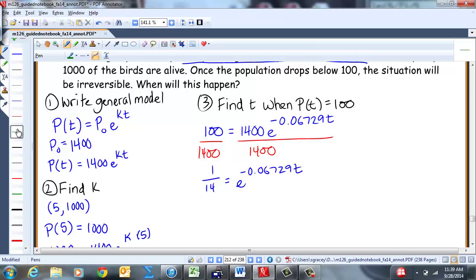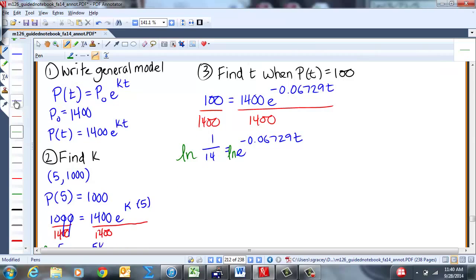And applying the natural log of both sides, we will get that t is approximately, oh wait, one more step. So natural log of 1/14 is equal to negative 0.06729 times t. And then we need to divide both sides by negative 0.06729.